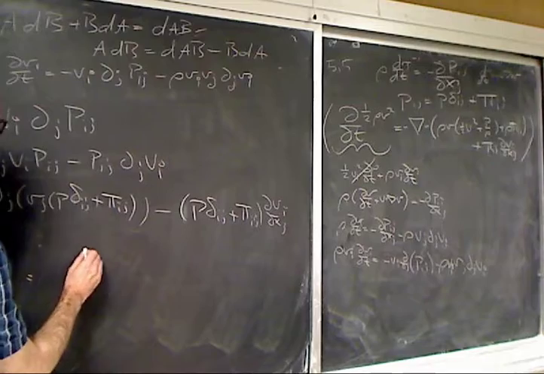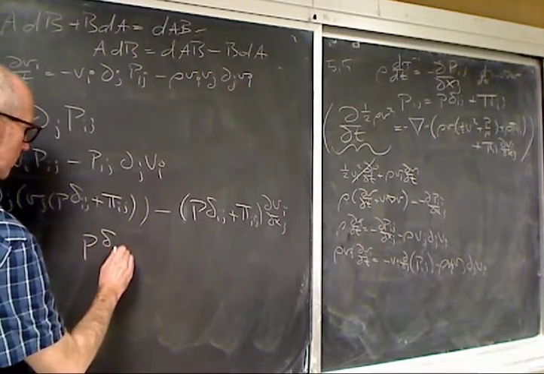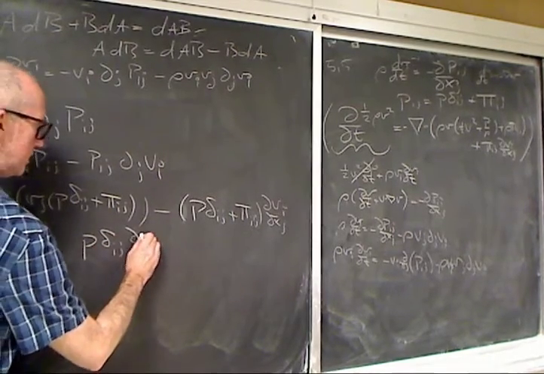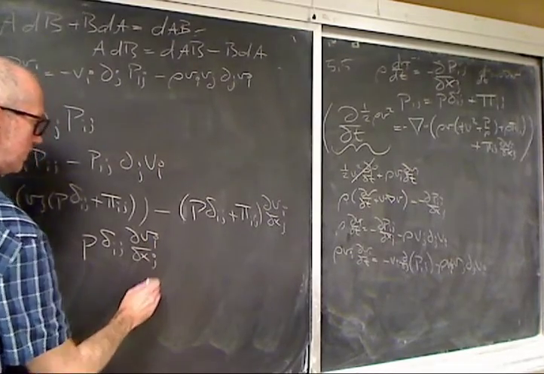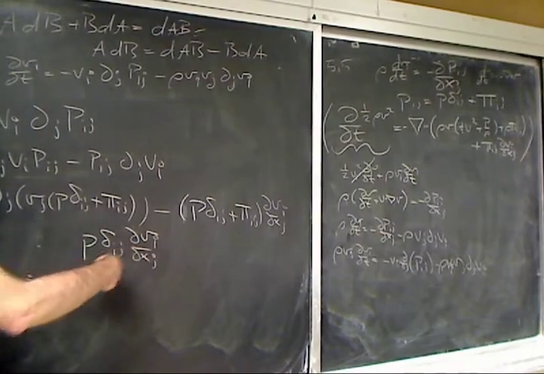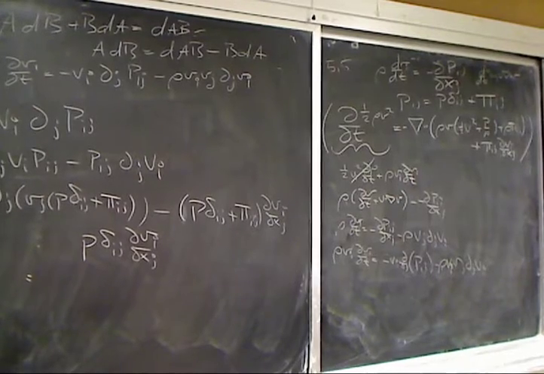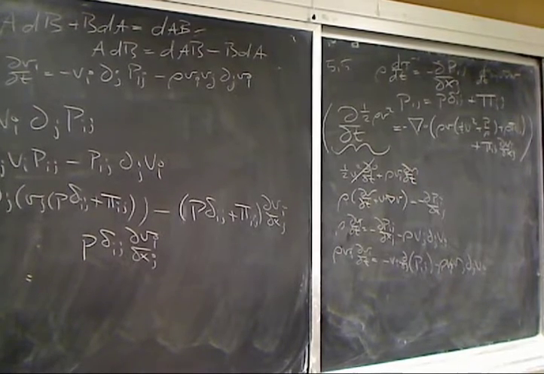Let's just write it by itself. p δij ∂vi/∂xj. So now I'm summing over all the indices because I've got 2 repeated indices. So there's actually 9 terms that I just wrote down.